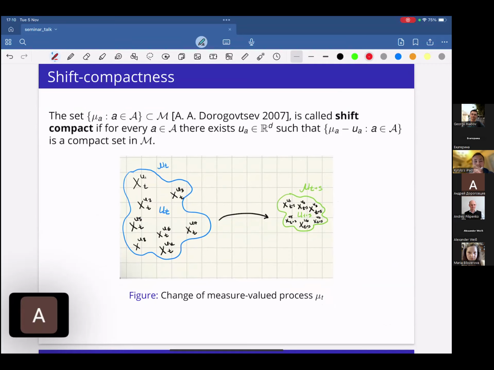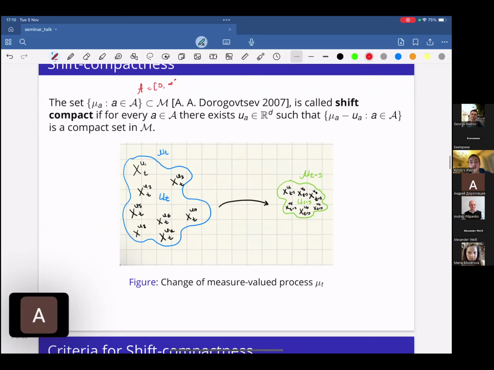In all previous cases, this A is just the interval from 0 to infinity, our time, for example. We call it shift compact if the measure shifted by some vector u_A is a compact set in the set of all measures.